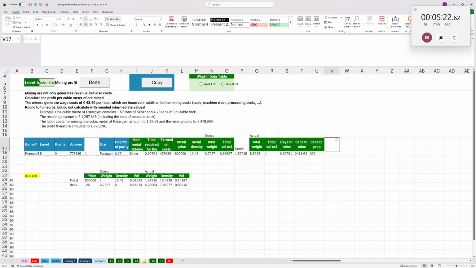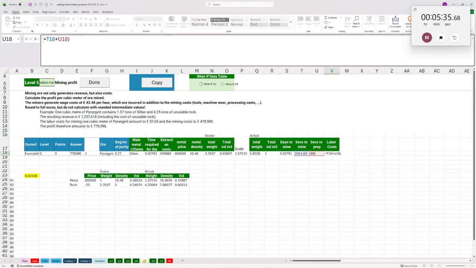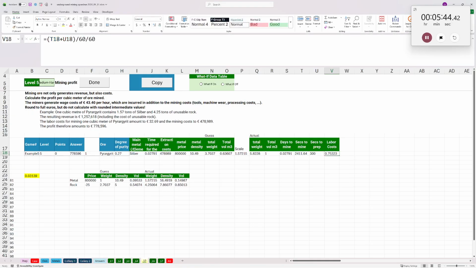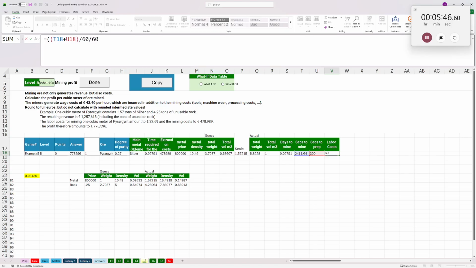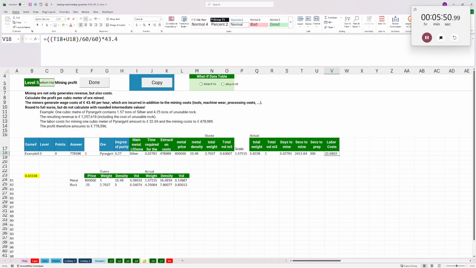the correct thing. The labor cost is the total number of seconds, first of all. So seconds plus seconds. So now I've got the seconds that the workers are working, divided by 60, divided by 60 again to get the hours. So that's the hours that they worked times 43.4 euros per hour is the euro cost.